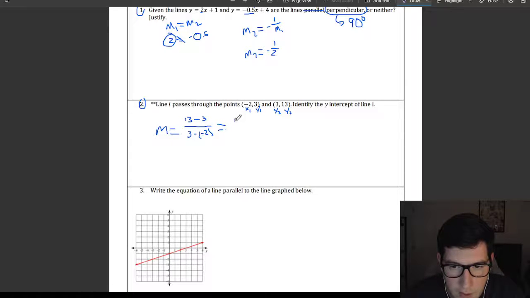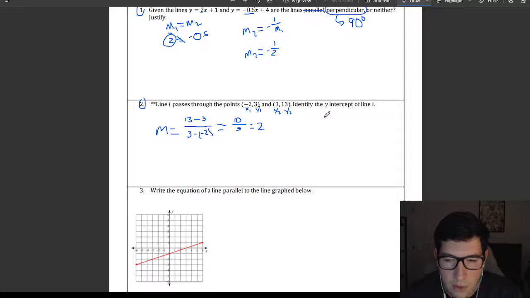So this is really going to give me 10, because 13 minus 3 is 10, over. Remember that subtracting a negative is the same thing as adding. These two cancel to be positive. So this is really going to be 3 plus 2. So we're going to have 10 over 5, which when we reduce this is 2.